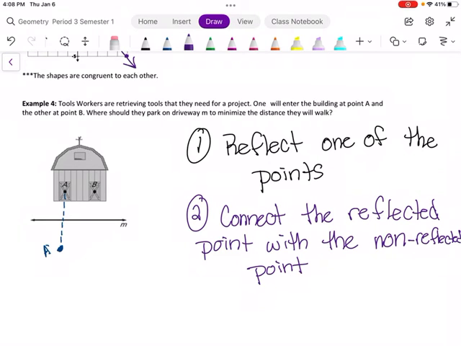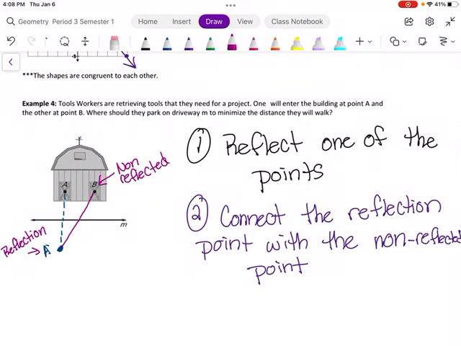So we are going to be connecting point B. This would be the non-reflected point, and this would be our reflection. So maybe we'll relabel this as reflection. So your reflection point with a non-reflected point, we're going to connect those.